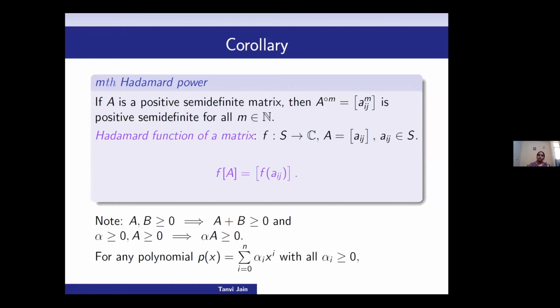That raises the question. This is a particular function of a matrix that is applied entry-wise to the matrix. So let us consider a more general case. Let f be from S to R, and A is (a_ij), where a_ij belongs to S. In that case, I can define the Hadamard function of A, written f[A] with square brackets to distinguish it, to be the matrix with ijth entry f(a_ij).